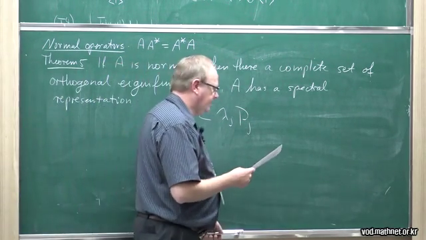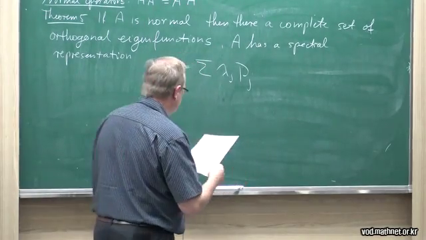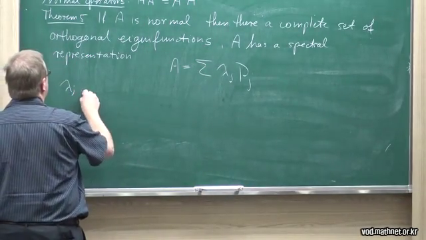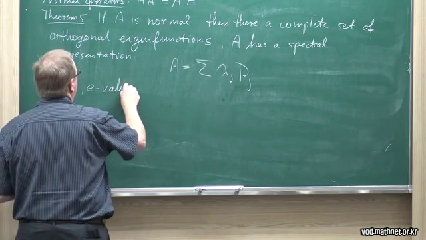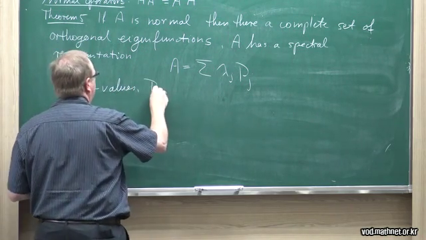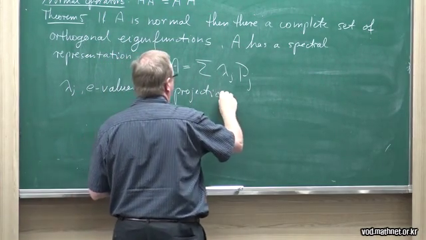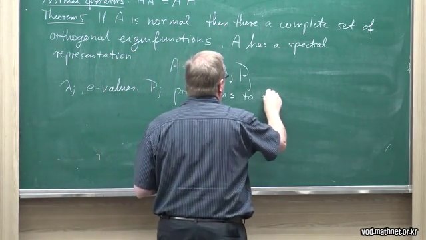I'm sure you have seen this somewhere, at least for matrices. So lambda j are the eigenvalues, Pj are the projections to the eigenspace.